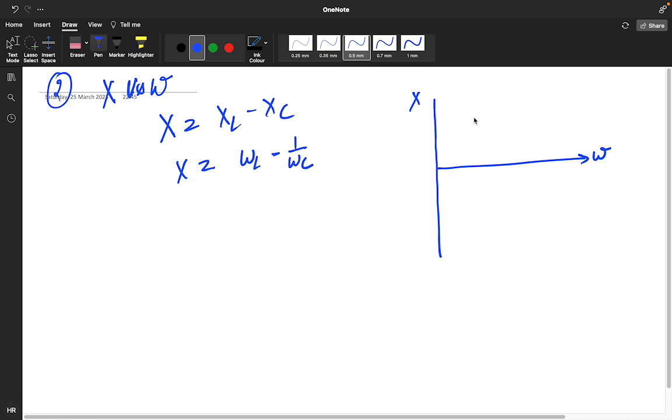So this was my omega naught value. At the omega naught value, XL is equal to XC, right? At omega naught, XL is equal to XC, so you will get 0. Your X value will be 0 at omega naught. Okay.